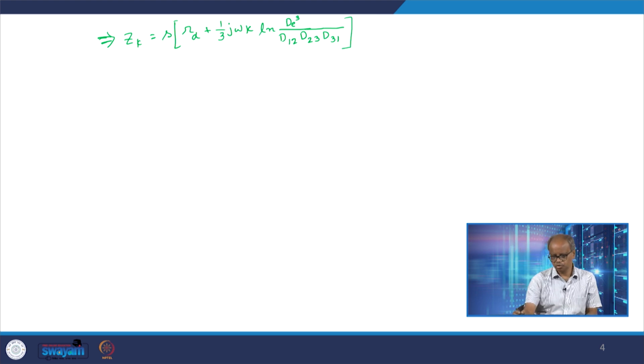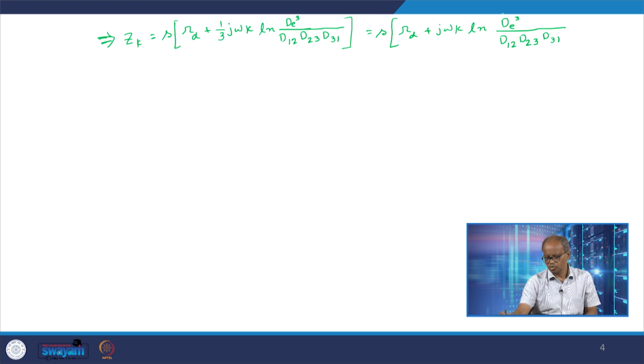Now if I utilize the logarithm rule, it becomes S into Rd plus j omega k log of dE cube by d12 d23 d31 whole to the power 1 by 3.